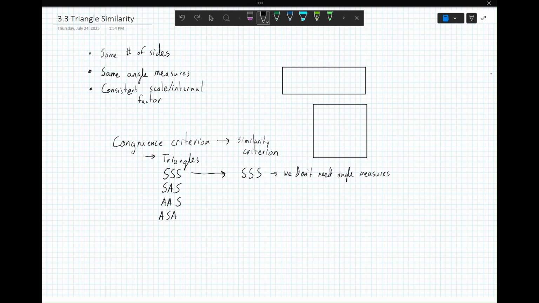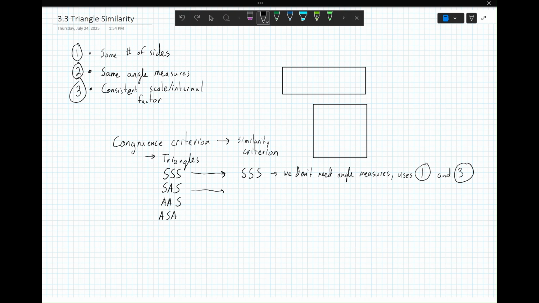So if I number my three parts of our similarity definition, this one only uses parts 1 and 3. It only uses a consistent scale or internal factor between all the sides and the same number of sides. We don't need angle measures because triangles are special since they only have three sides.